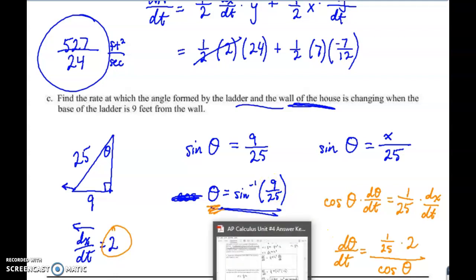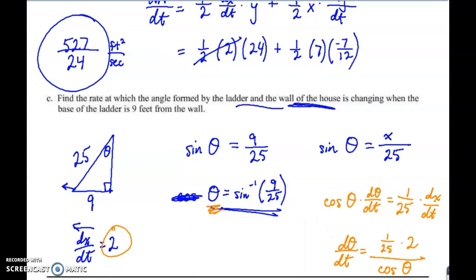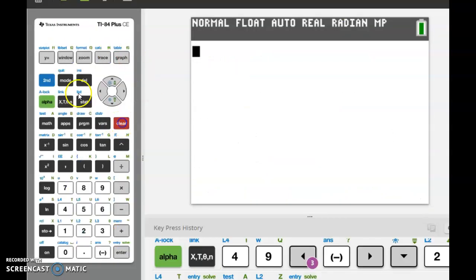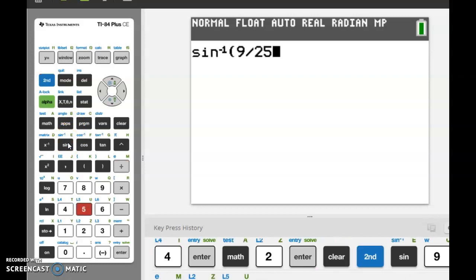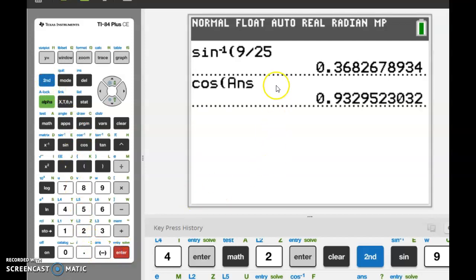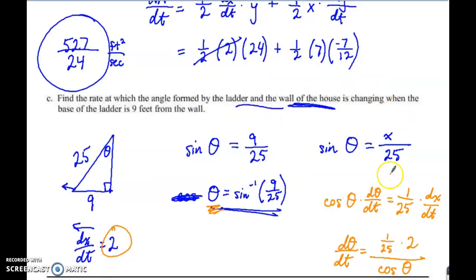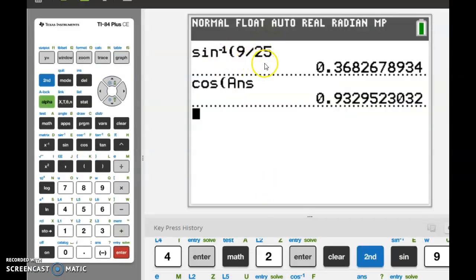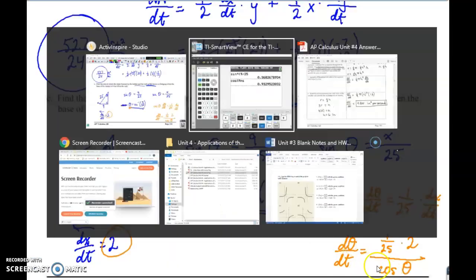So what you could do, since you're allowed a calculator, is figure out what inverse sine of 9/25 is. And then you can do cosine of that answer, right? Inverse sine of 9/25, and then cosine of that answer.